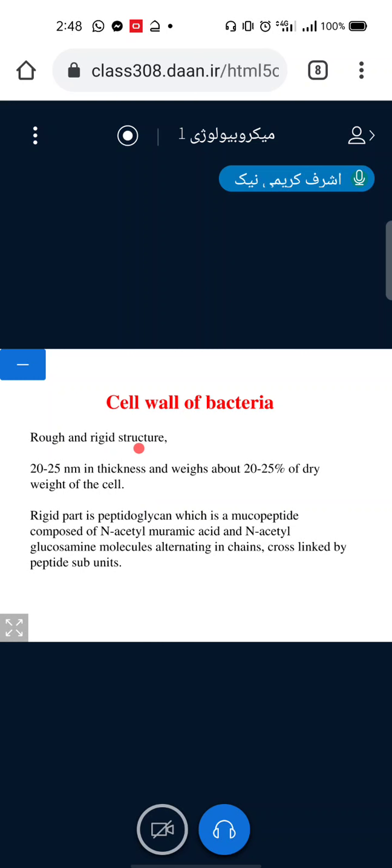So there are two items about cell wall structure: thickness and weight.